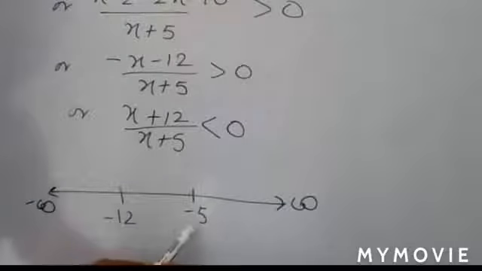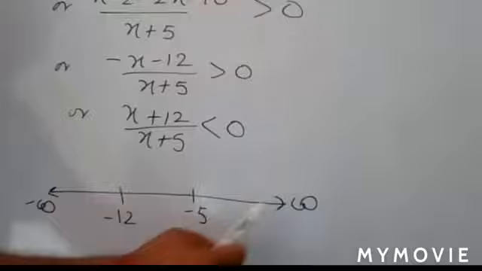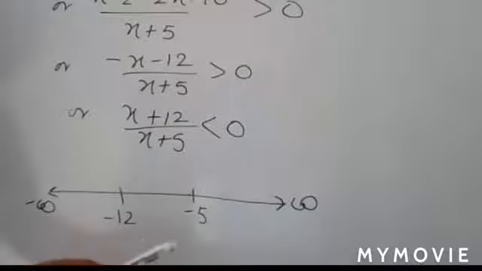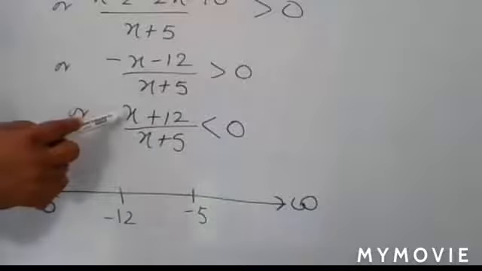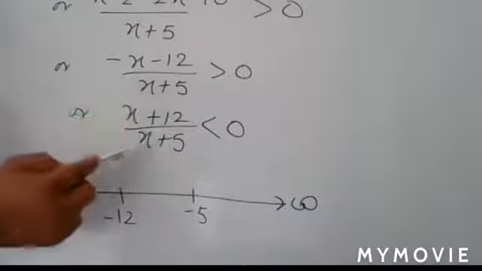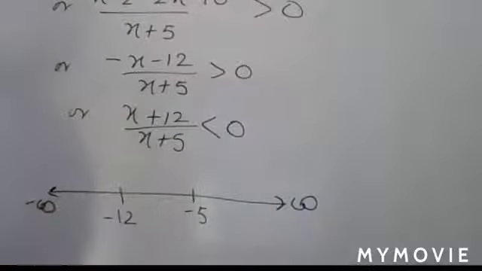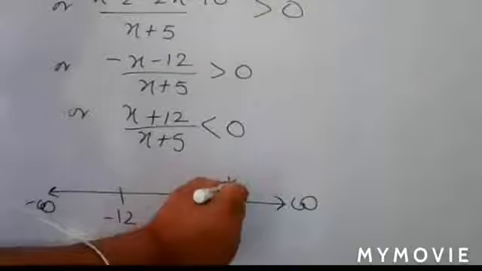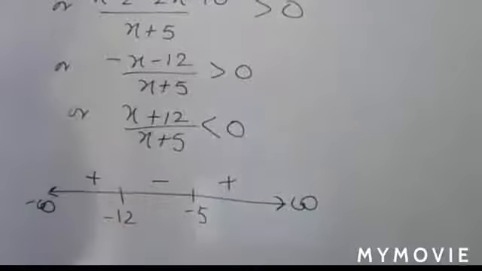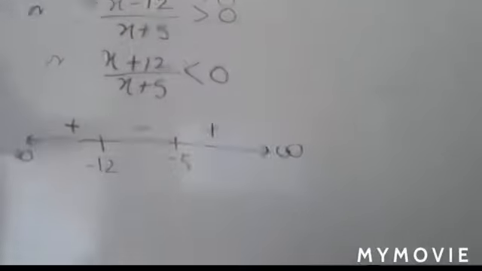If x is greater than minus 5, you take any number greater than minus 5. I think that can be 0 also. You can take any value, yes, you can take minus 1 also. If you put minus 1 here, you have positive. If you put minus 1 in the denominator, you have positive. So here you see that the result becomes positive, negative, and positive. Understand?